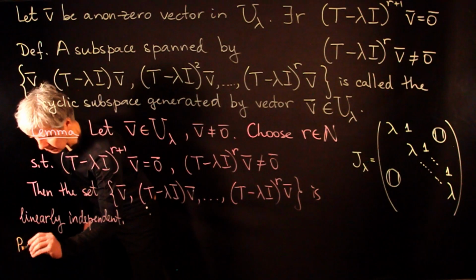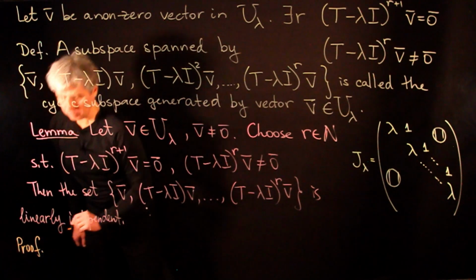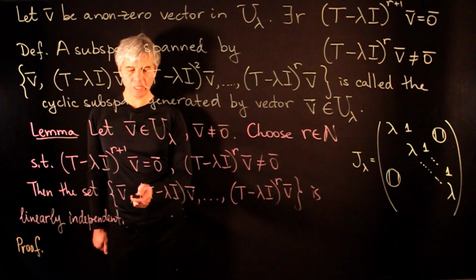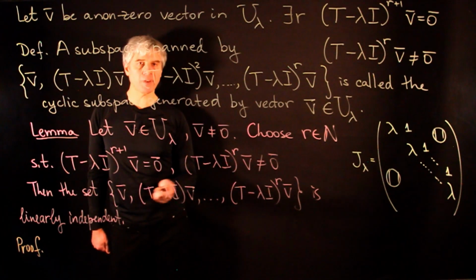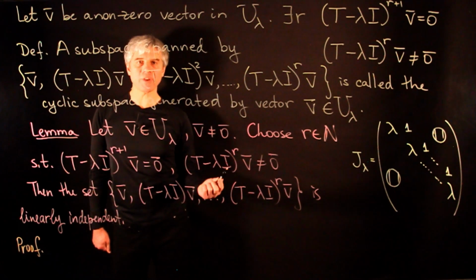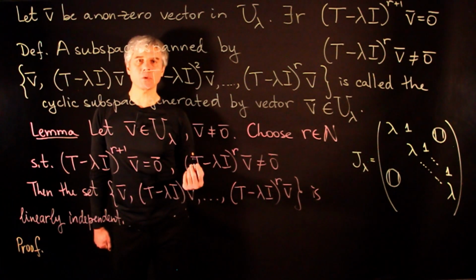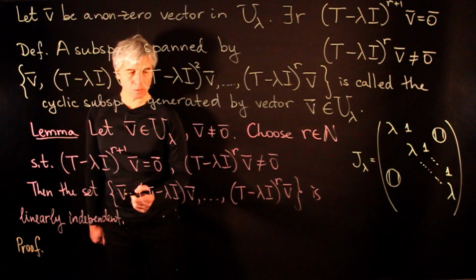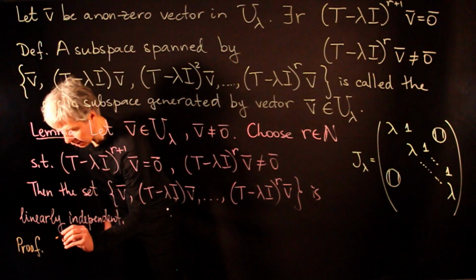Let's give a proof of this lemma. How do we prove that a set is linearly independent? We consider a linear combination of these vectors which is equal to a 0 vector, and we need to prove that all coefficients of this linear combination are equal to 0. So let us form such a linear combination.